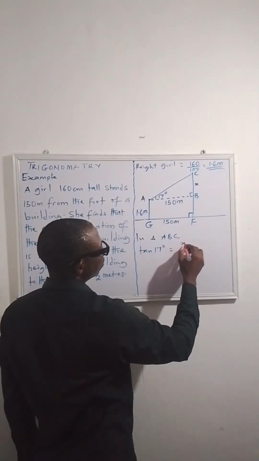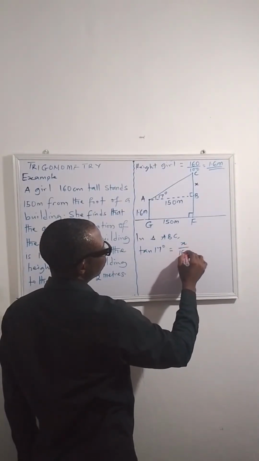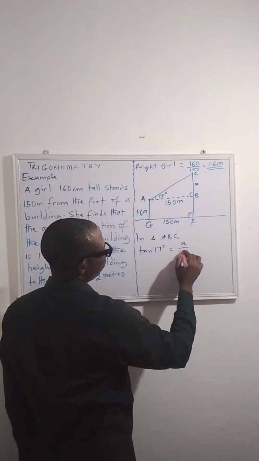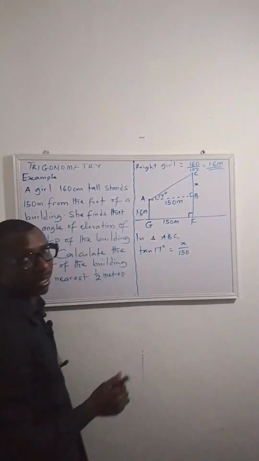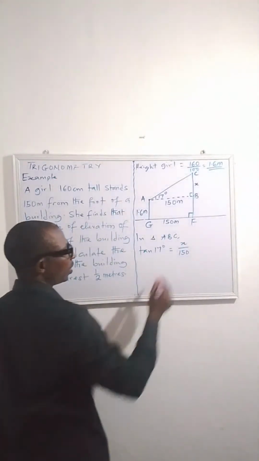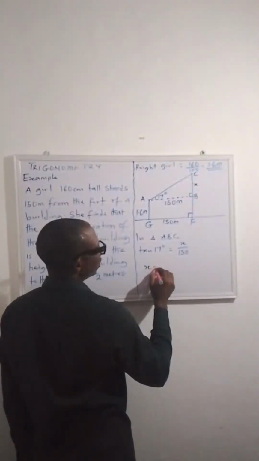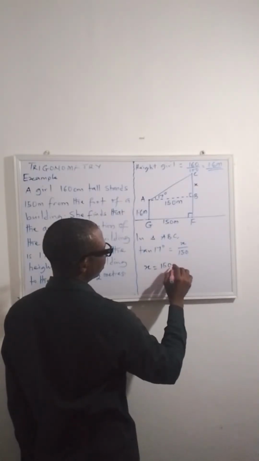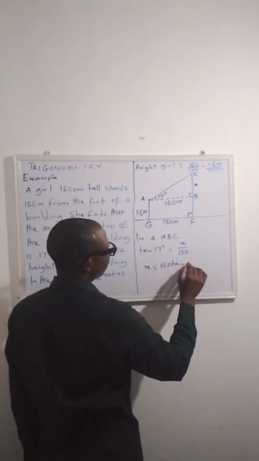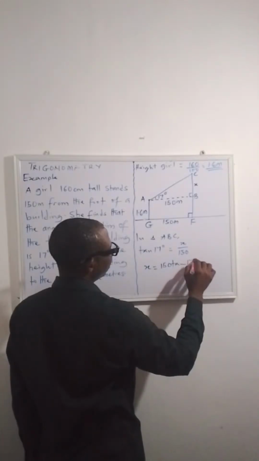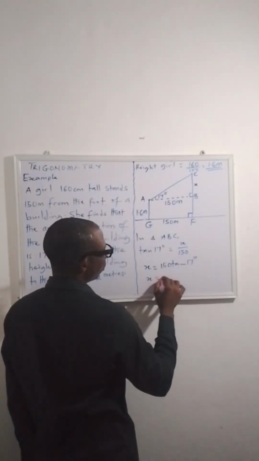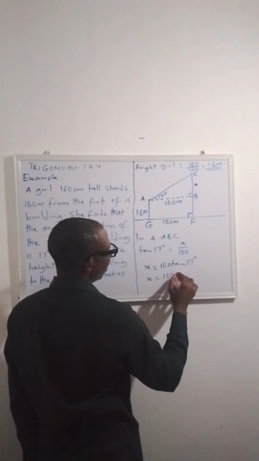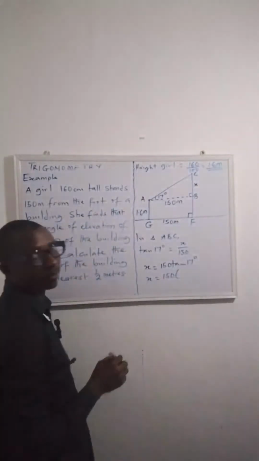That's going to be X over 150. So here you can cross multiply. So we have X equals 150 times tan 17 degrees.